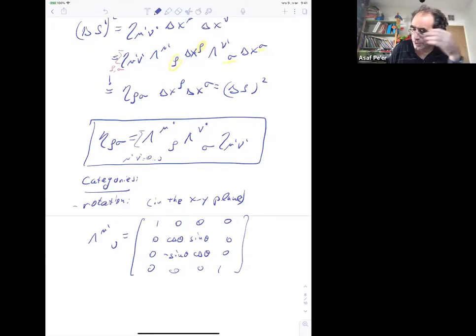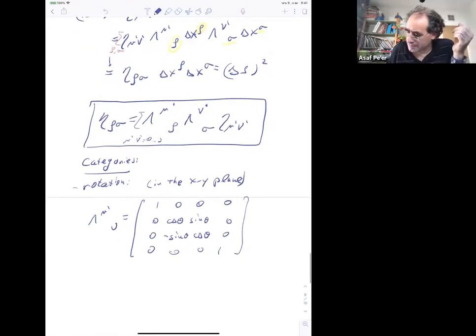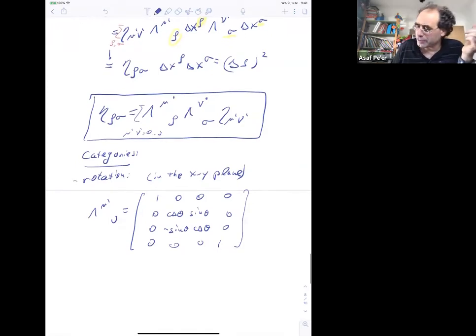Now, you can simply check, right? Of course, we have to do 16 equations. I'm not going to do all 16 now, but let's choose one. Let's say rho equal to 1, sigma equal to 1.